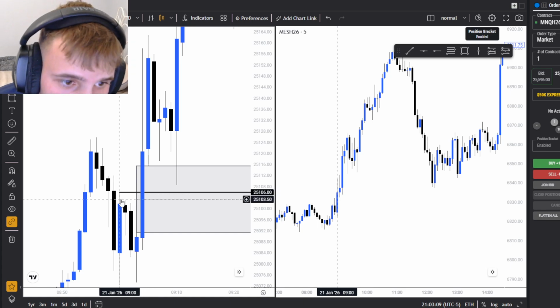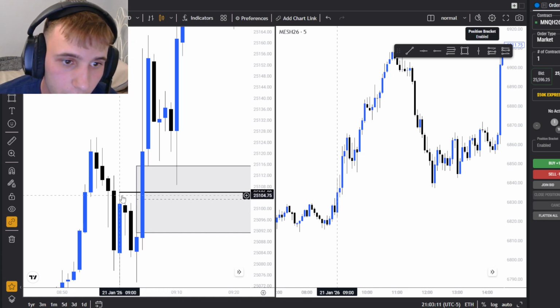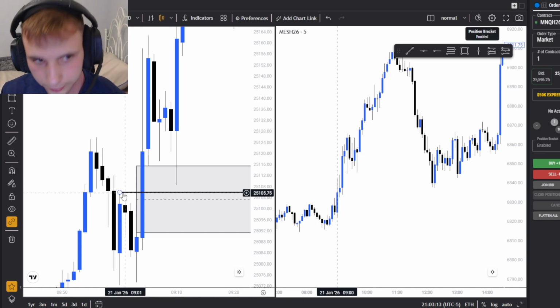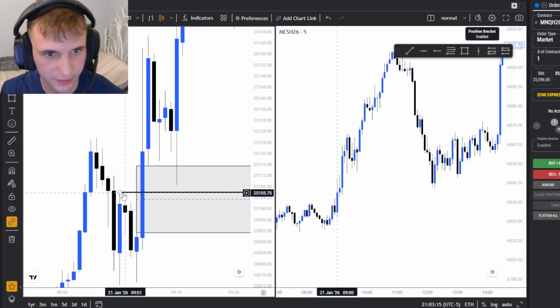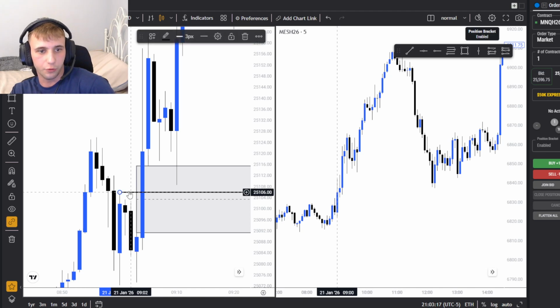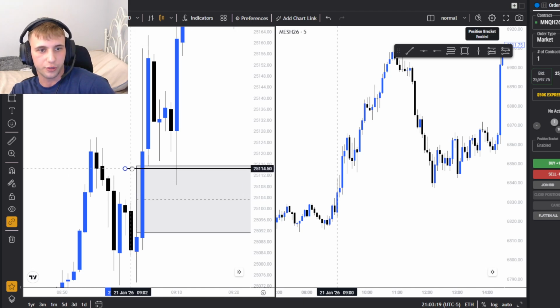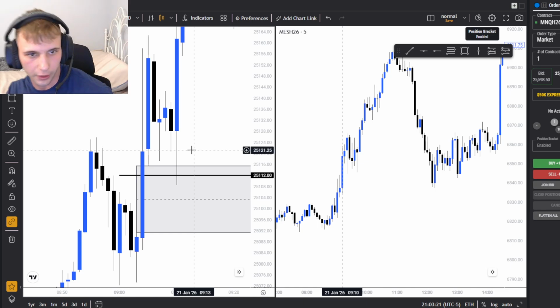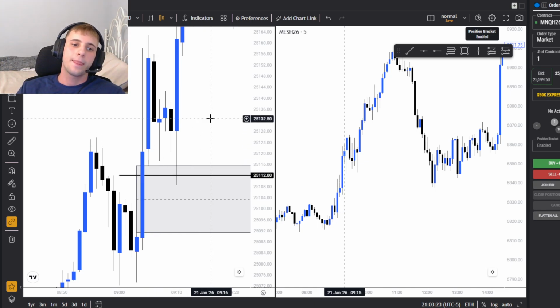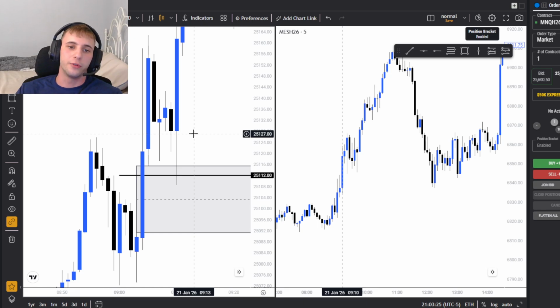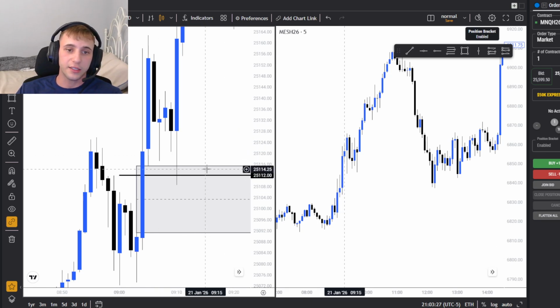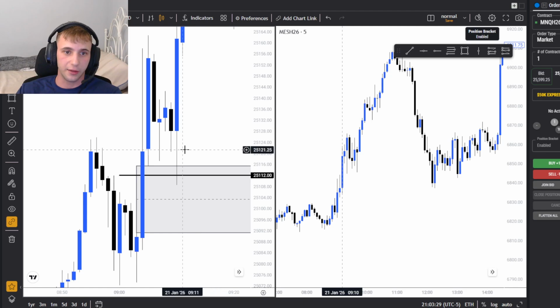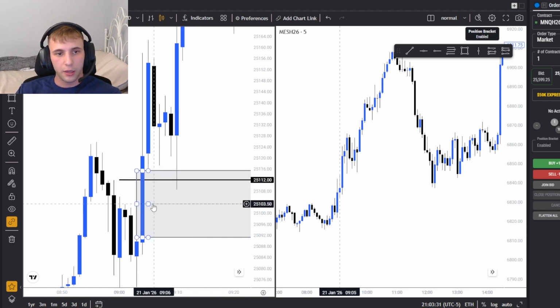Actually, let's move this up. Let's say your optimal point of entry is right here. This is the highest you're comfortable buying price at. But what happens?